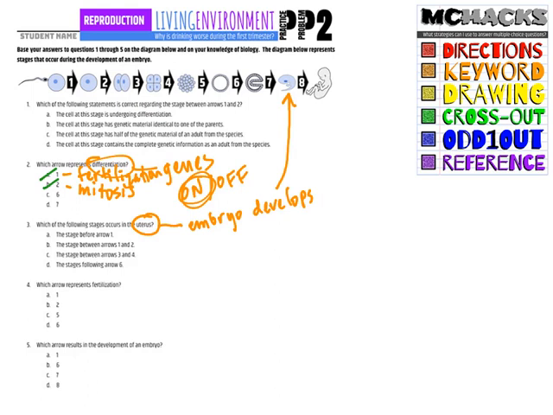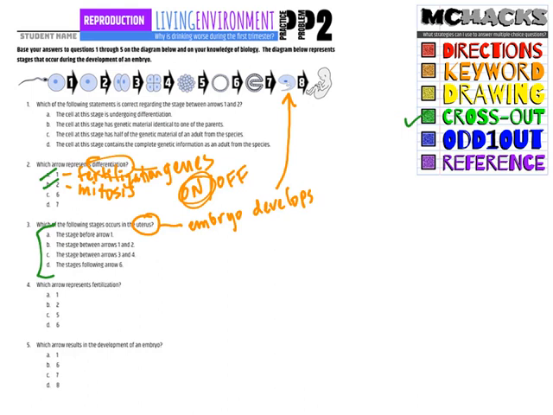So what I would like you to do is use this strategy, the cross-out strategy, and let's eliminate 2 of them. I'm going to check. So I want you to cross out words or phrases that make 1 or 2 of these options incorrect.